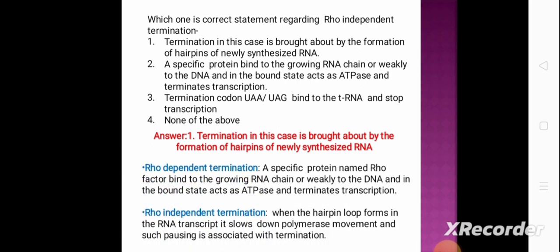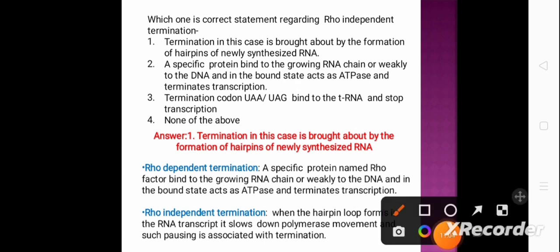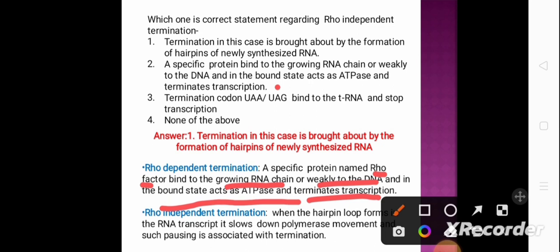Termination of transcription occurs by two methods: Rho dependent termination and Rho independent termination. In Rho dependent termination, a specific protein named Rho factor binds to the growing RNA chain or weakly to the DNA, and in the bound state it acts as an ATPase and terminates transcription. That is option 2, which is about Rho dependent termination.